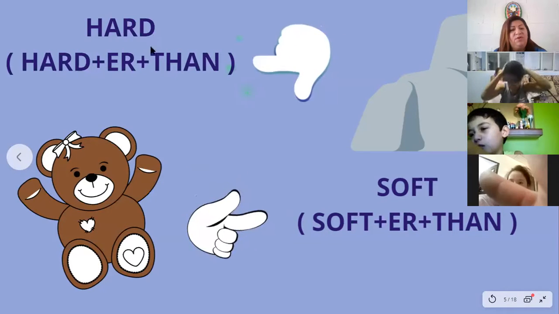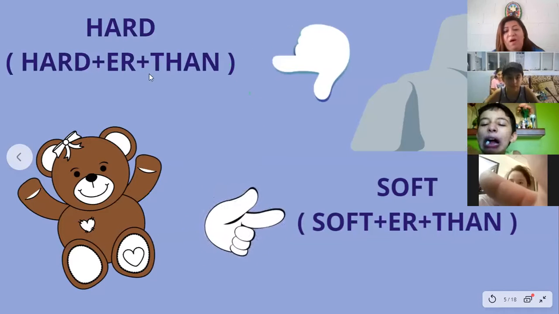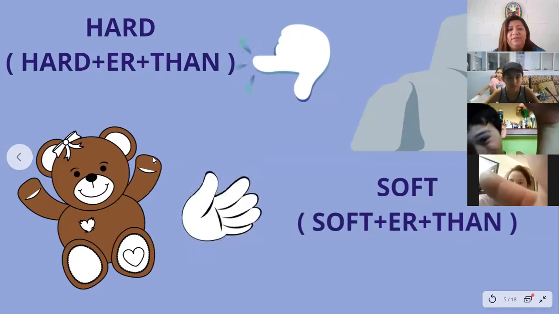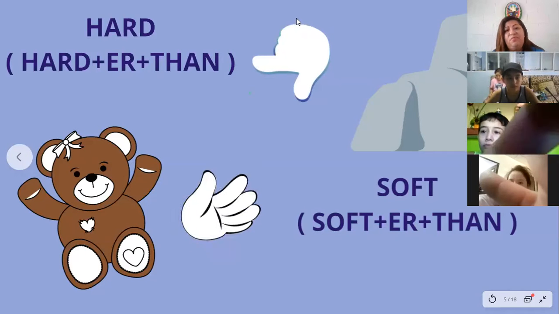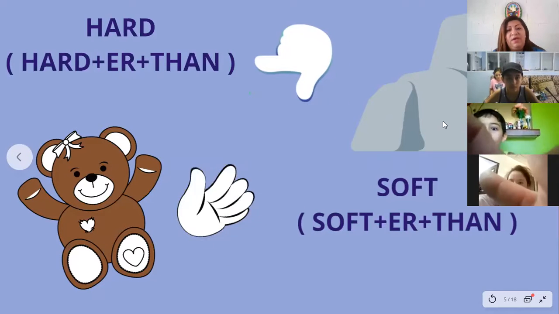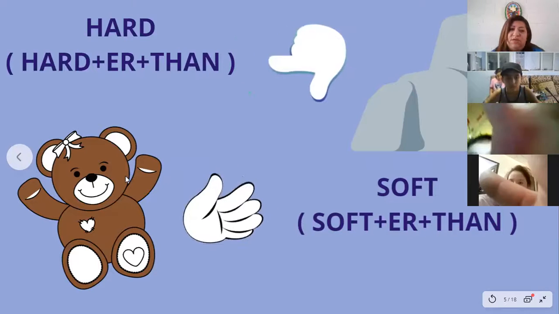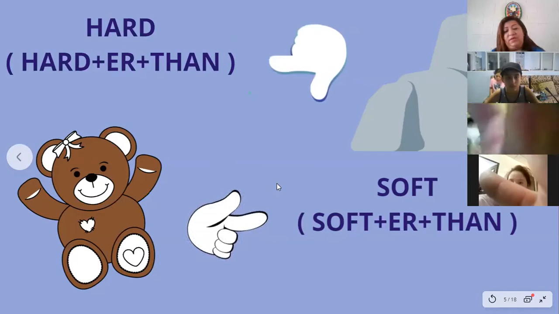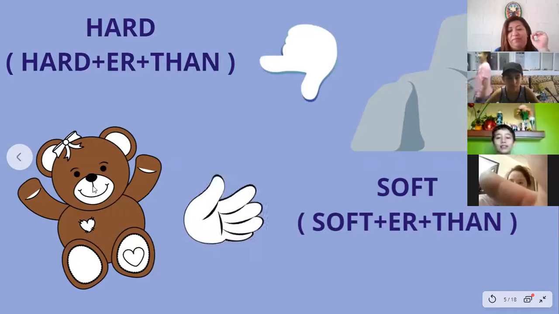So we're going to say, the rock is harder than the teddy bear. Okay, the rock is harder than the teddy bear. Now let's switch and let's do the opposite. Let's take the teddy bear.